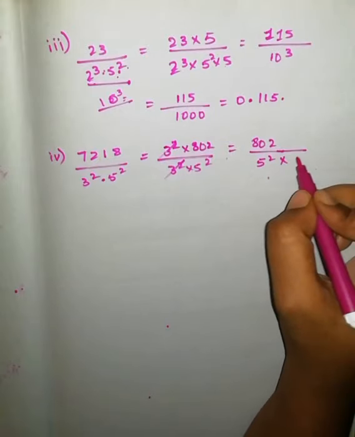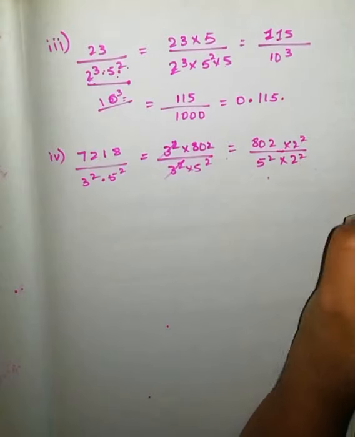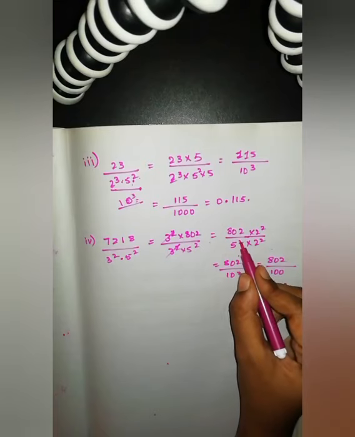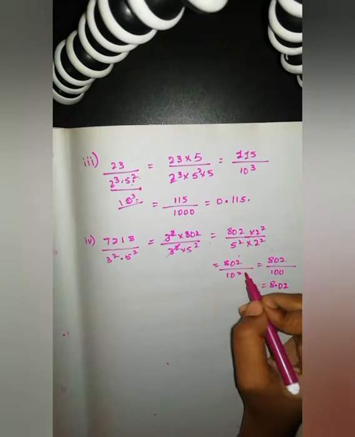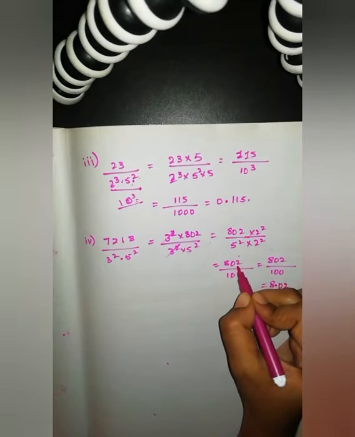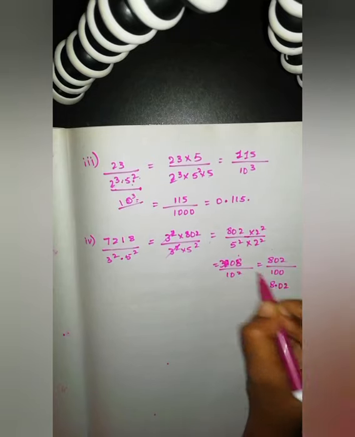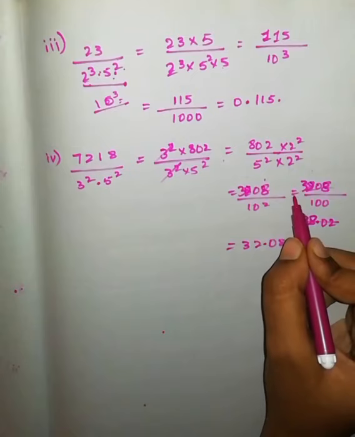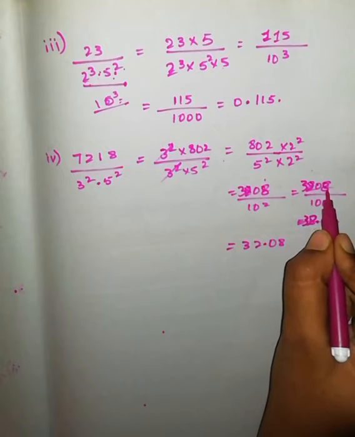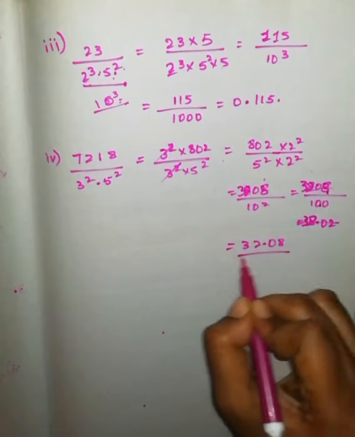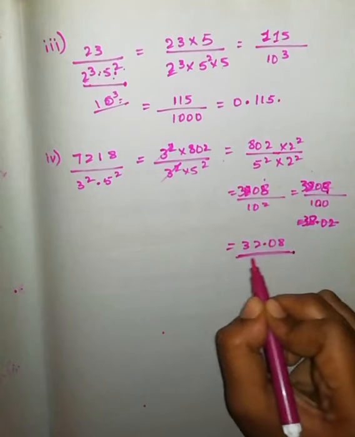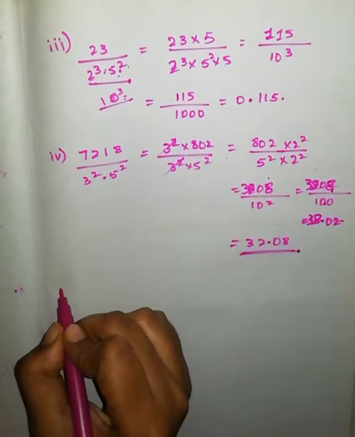Now by multiplying both numerator and denominator by 2 square, 802 into 2 square is 3208, which will become 3208 divided by 100, the decimal form of which is 32.08.